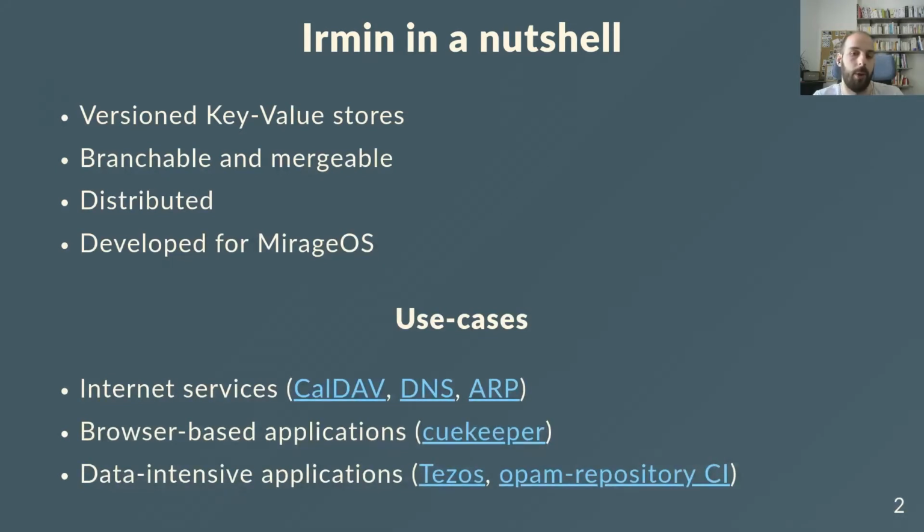And it's also very well suited for data-intensive applications. For instance, the Tezos cryptocurrency stores its ledger in an Irmin store. And also, if you are familiar with OPAM packaging and opam-repository, then the CI of opam-repository stores its results in Irmin.